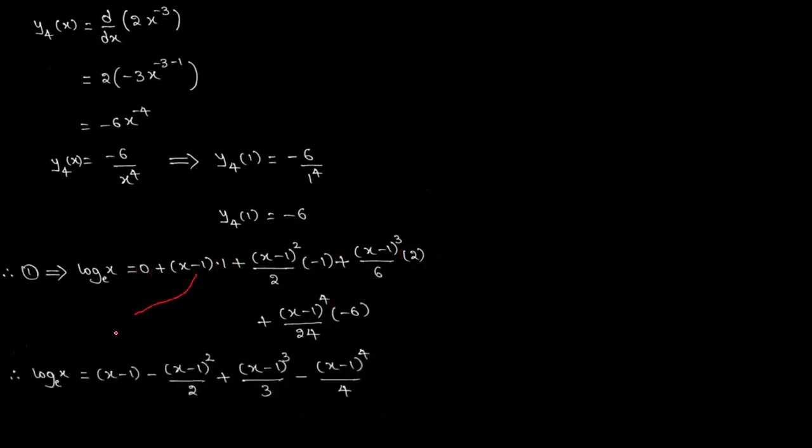What happens? x minus 1 we have taken here. Minus into plus, minus we have written here. And x minus 1 whole square by 2 we have written here. What happens in the next term? 2 ones are 2, threes are 3.